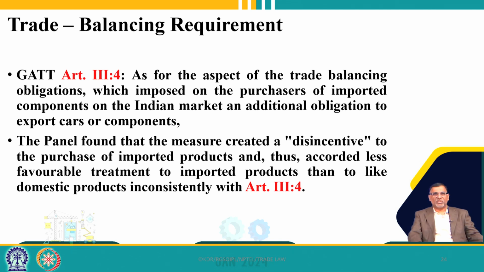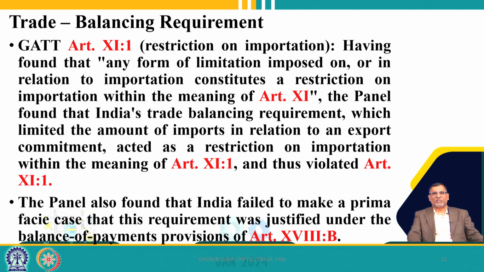And the trade balancing requirement, that exports equal imports. Whatever you import, the value or the volume, you have to export an equal amount. That is also in violation of article 3(4) of the GATT. And the trade balancing requirements, as I told you, are export restrictions on importation.